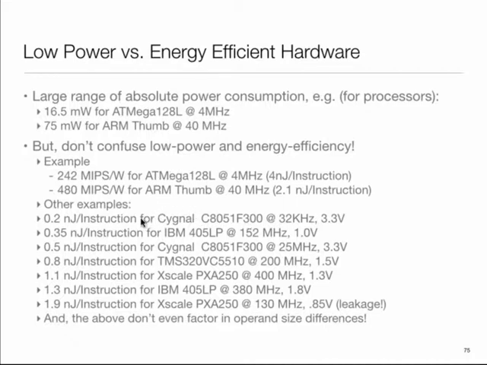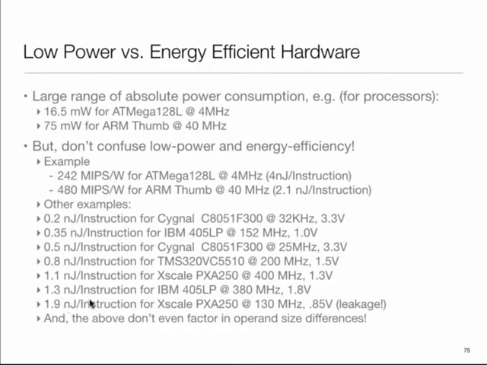Other examples, so this is a range of processors, and what I wanted to show was the wide diversity of nanojoules per instruction that you see. So this is some obscure company, Signal, which makes an Intel 8051 processor, which is very old, one of the very first microcontrollers out there. What you would notice is it runs very slowly, 32 kilohertz, okay? But it gives an amazingly low nanojoule per instruction.